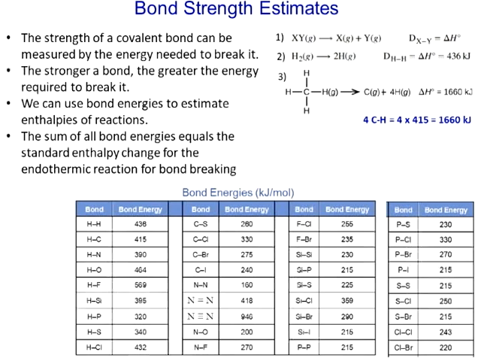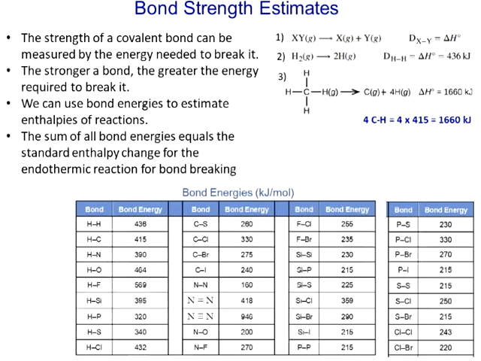The strength of a covalent bond can be measured by the energy needed to break it. In other words, if you break a covalent bond and measure that energy, that is a measure of its bond strength. The stronger a bond, the greater the energy required to break it. So the amount of energy is directly proportional to its strength.